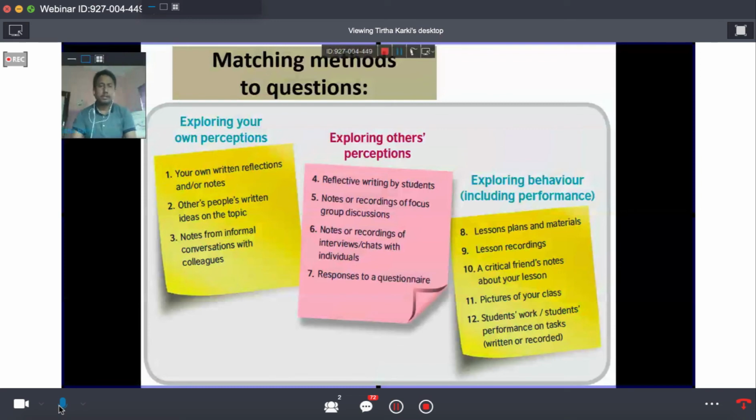So what I want to say to you teachers is that you develop research questions and data collection tools to explore your self-perception, others' perception, and then behavior. Behavior will be the teachers' activities in the classroom, students' activities in the classroom, teachers' performance in the classroom, and students' performance in the classroom.